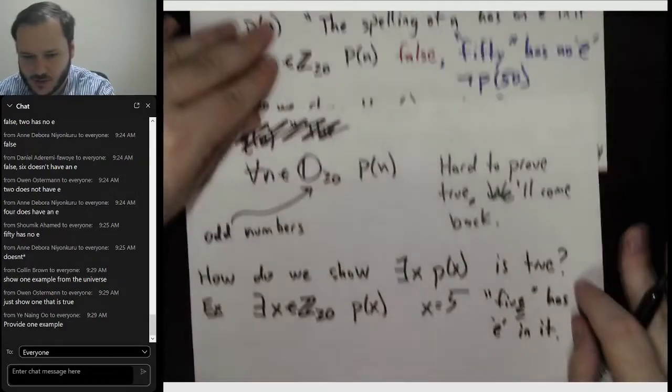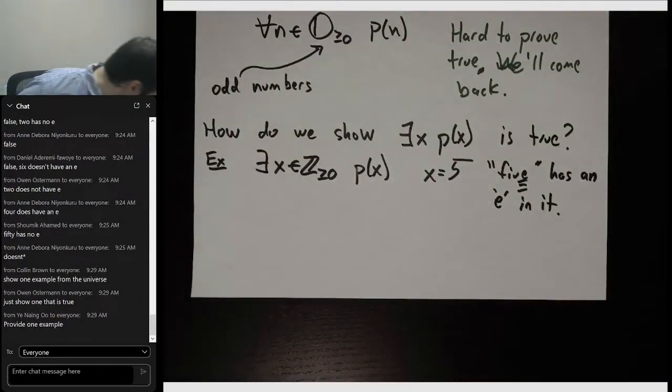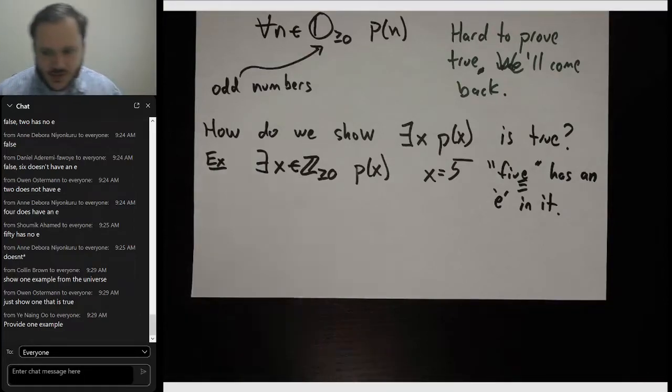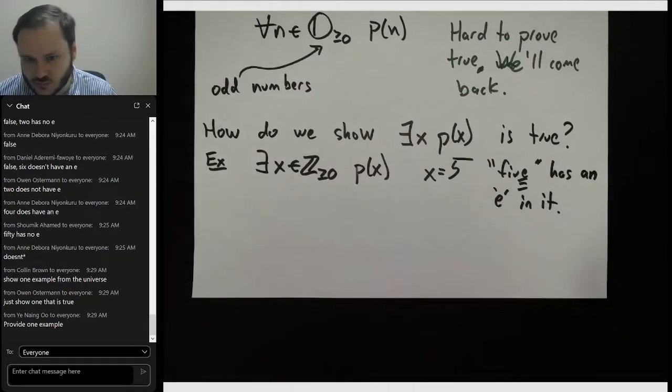Oops, I'm off the bottom of the page. Found it. There it is. There's my example. So proving that an exists statement is true is pretty easy. Just find the example.